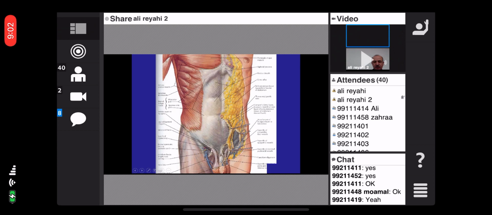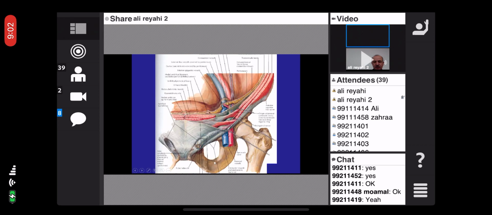If you remember, I talked about the spermatic fascia, external, that continues from the margin of the superficial inguinal ring from the aponeurosis of external oblique margin, the spermatic cord, and here you can see the external spermatic fascia from the superficial inguinal ring, and this layer is the aponeurosis of external oblique.